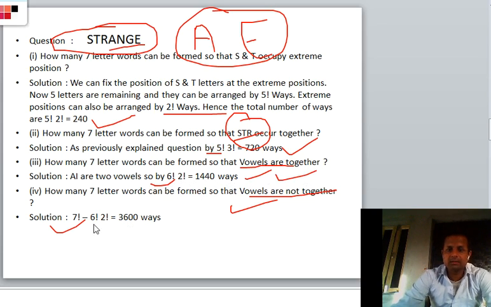So the number of words in which the vowels are not together is factorial 7 minus factorial 6 into factorial 2, which is 3600 ways.